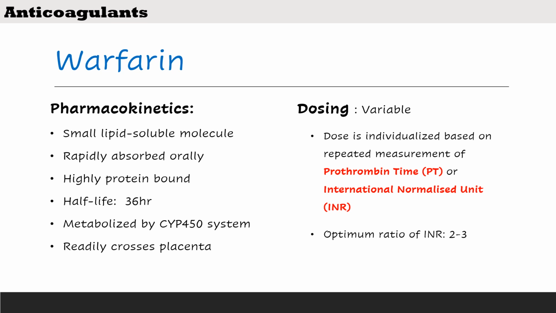Usually in people on warfarin, prothrombin time or international normalized ratio, INR, is monitored to ensure they don't get a warfarin overdose. The optimal INR is 1 to 3, so anything more than 3 or below 1, they have to adjust the dose.